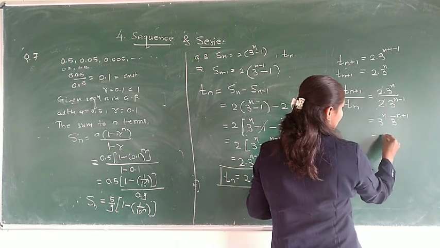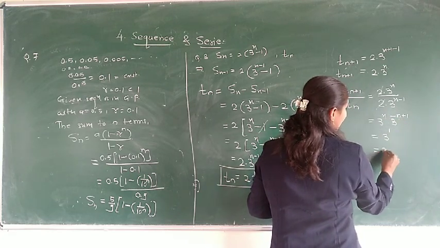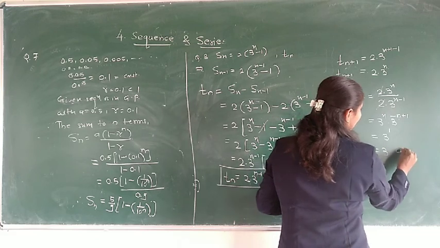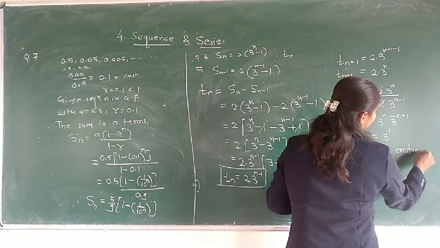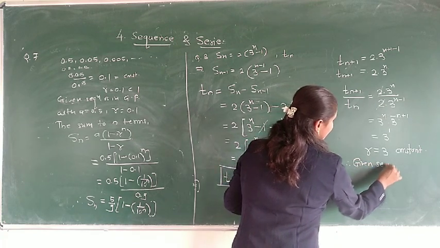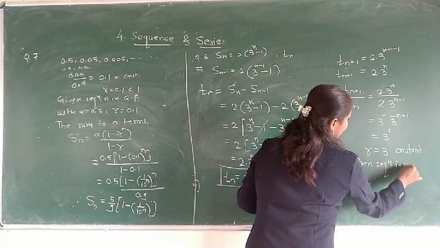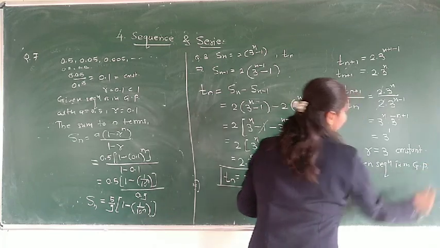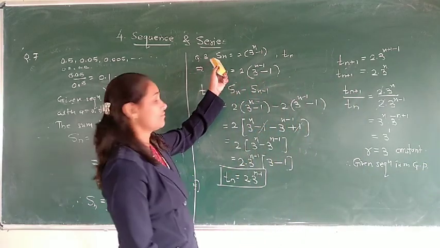Again minus n and plus n cancel, and we get only 3 raised to 1, which is equal to 3, a constant. Therefore the given sequence is in GP.